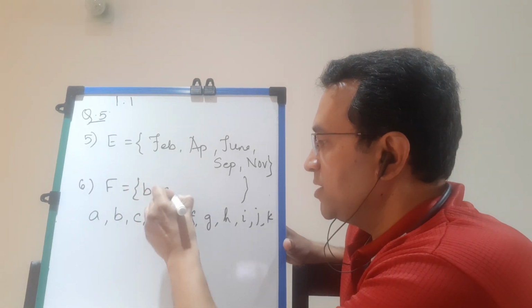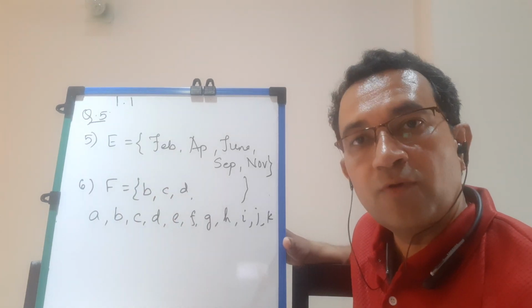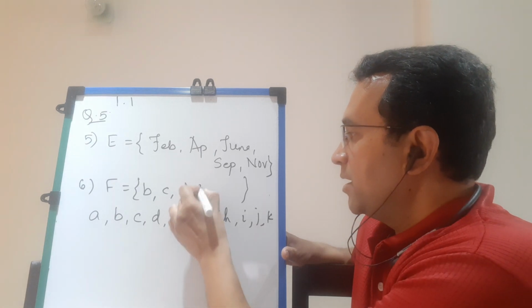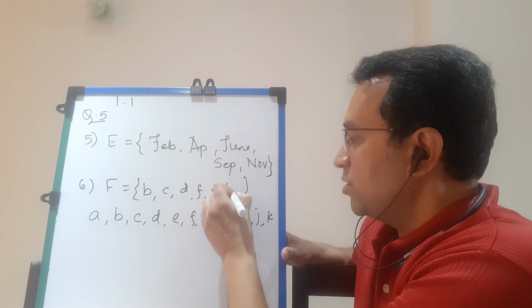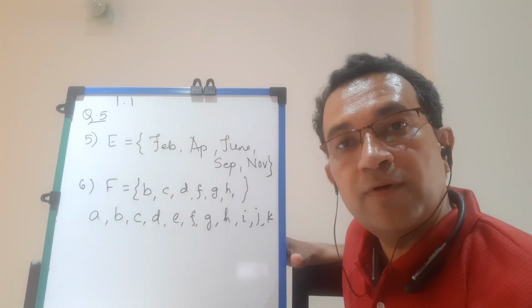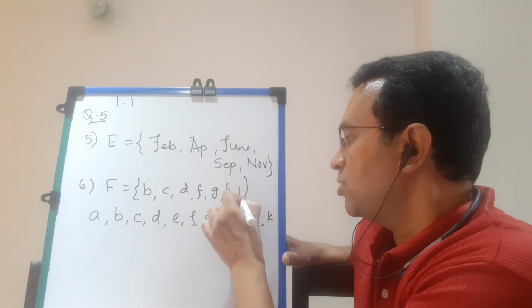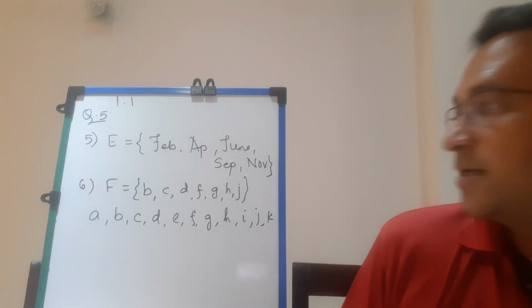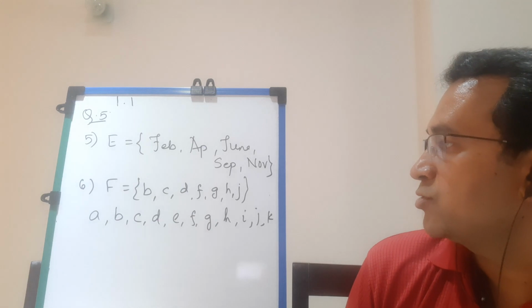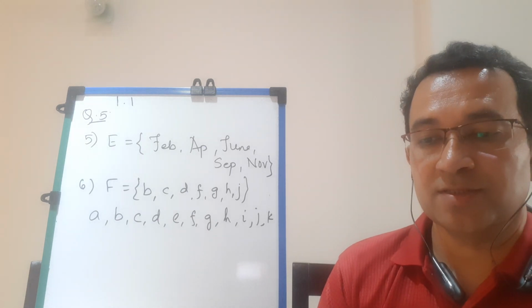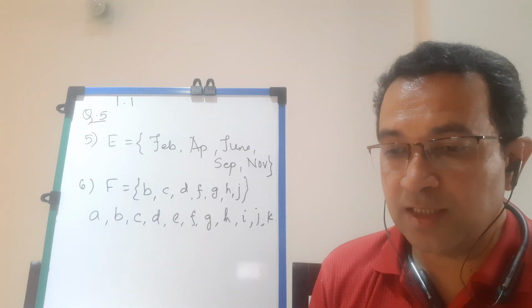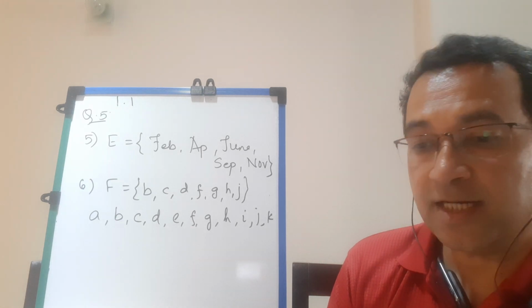B is not a vowel. C is not a vowel. D is not a vowel. E is a vowel. F is not a vowel. G is not a vowel. H is not a vowel. I is a vowel. J is not a vowel. It is preceding K. So total, students, we have written 7 elements, which are B, C, D, F, G, H and J.